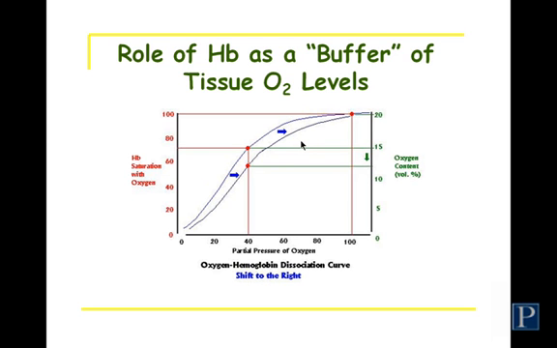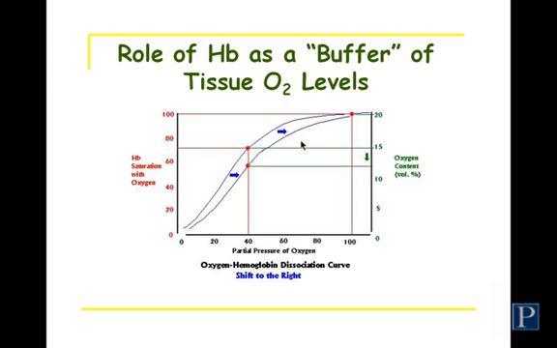The tissues are still going to remove about 5 mils, and if that happens, the partial pressure of oxygen will fall to about maybe 35 millimeters of mercury, and that's not much less than 40. So the big idea is the hemoglobin molecule, just by the way it is, can prevent the tissue oxygen levels from varying too much.